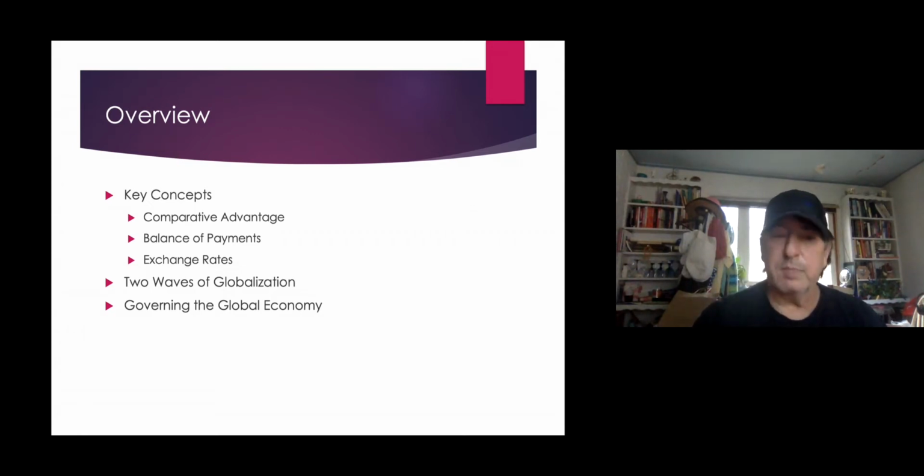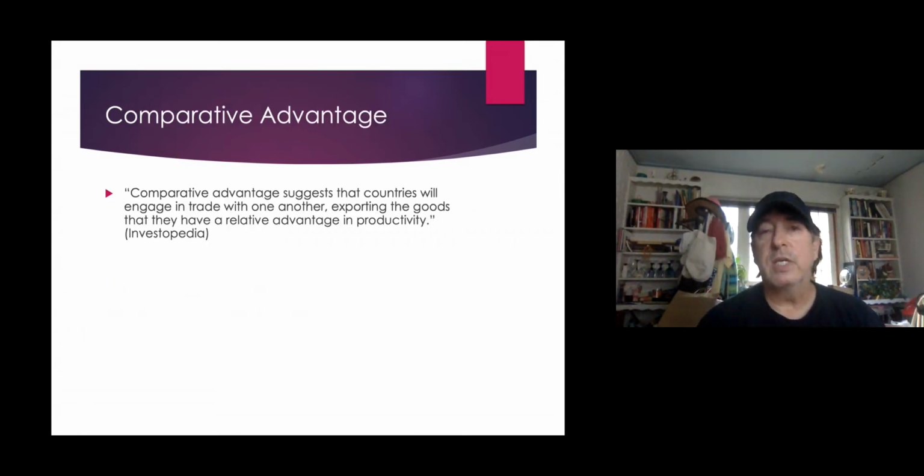So let's begin with some key concepts, and we'll look first at the idea of comparative advantage. This is a concept that is important to understanding why it is advantageous for countries to engage in trade with one another. The formal way to define it is that comparative advantage suggests that countries will engage in trade with one another, exporting the goods that they have a relative advantage in productivity.